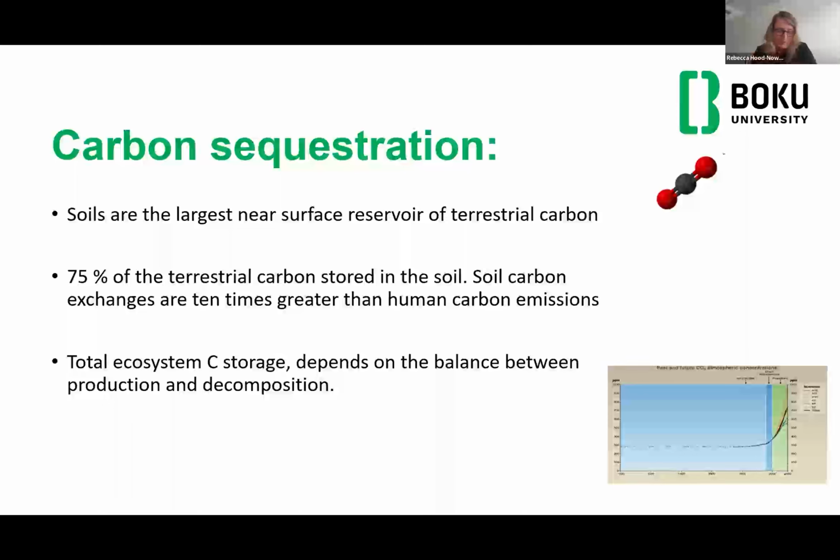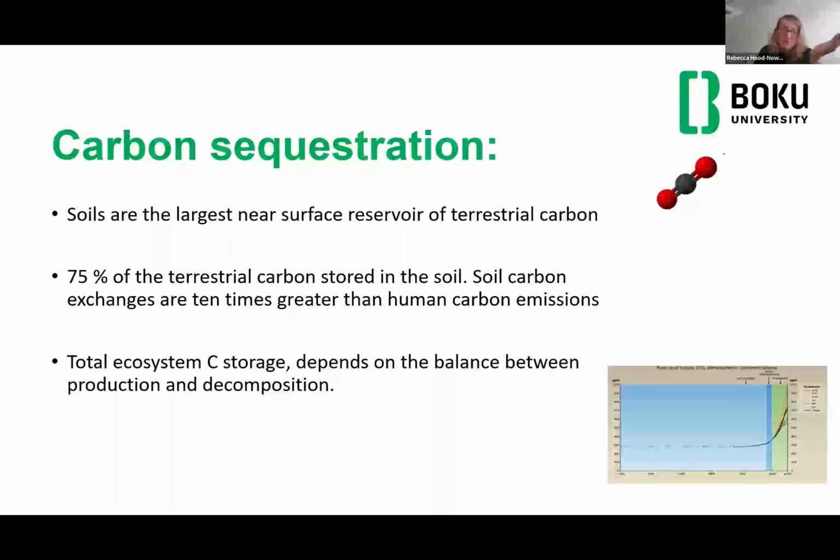The total carbon storage on a global basis really depends on the balance between the production, so photosynthesis, how much the plants can produce, and the decomposition, how quickly the plants decompose.